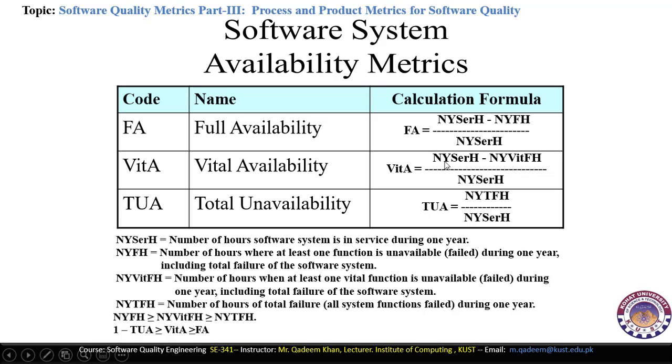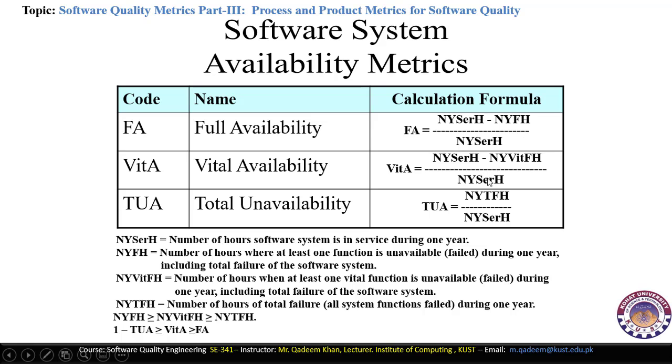So here NYSERH is the number of hours the software system is in service during 1 year, minus NY vital FH, which means the number of hours when at least one vital function is unavailable or failed during 1 year, including total failure of the software system.